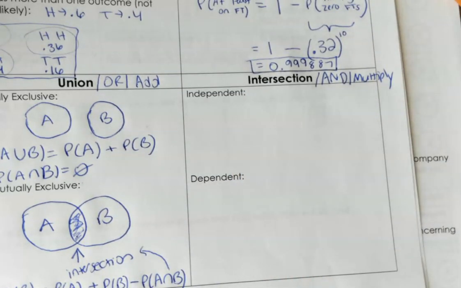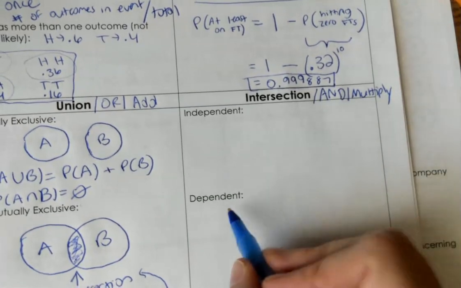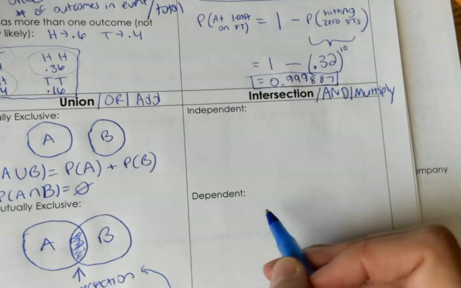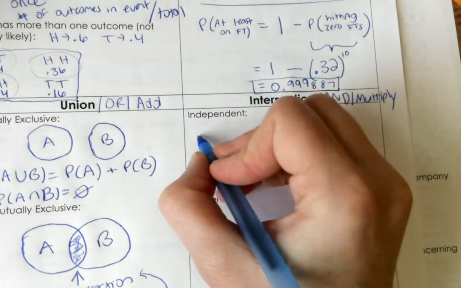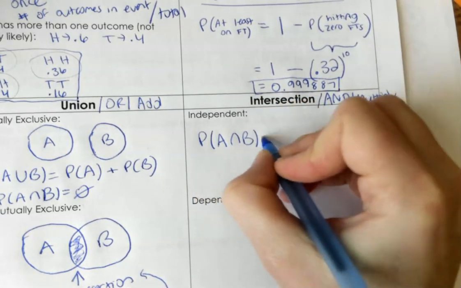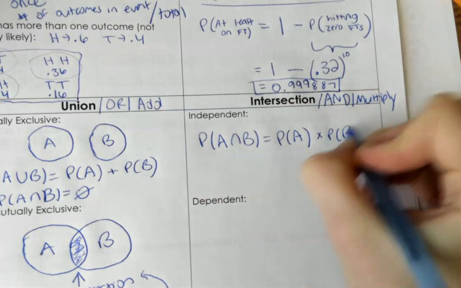Independent events means that the outcome of one does not affect the outcome of the other. Dependent, they're dependent on each other. We're going to get more into dependent situations when we get into conditional probability. So, probability of A intersection B is going to be P of A times P of B.